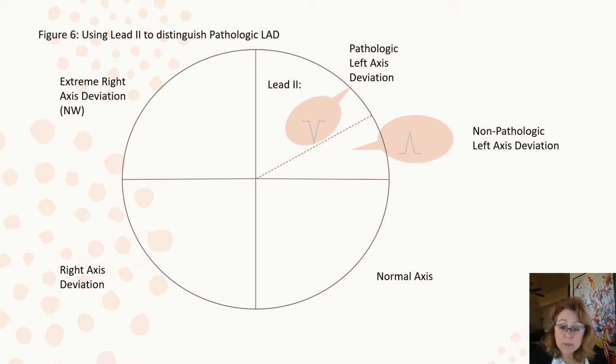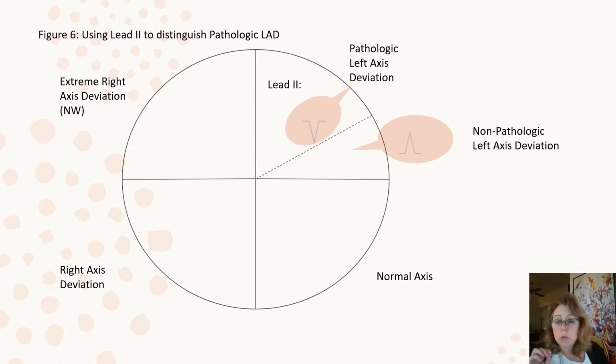Now, when it becomes of concern is when it's greater than that 30 degrees. And we say that's a pathological left axis deviation, meaning it is associated with heart disease. And so we look at one more lead to determine this. So remember that our two key leads that we've already been looking at for axis are leads 1 and 3. Now we're going to throw in the middle one. We're going to throw in 2.